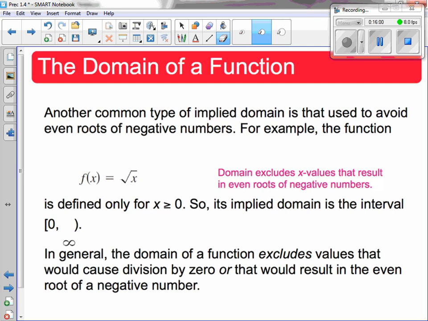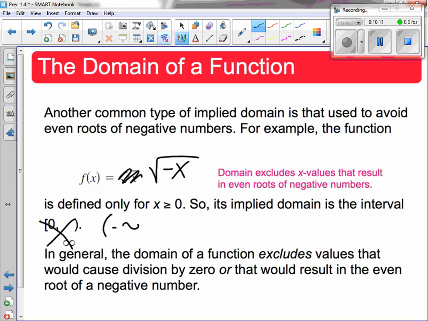We could also have the case that instead of this, the square root of negative x. That's going to change this to this here. Because now, because it's a square root of negative x, I can only plug in negative numbers so that I don't get a negative out.